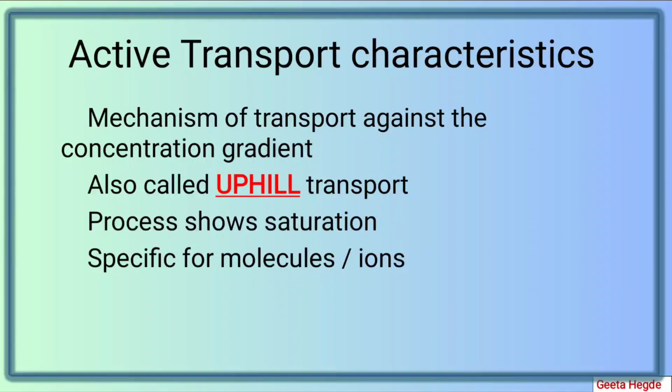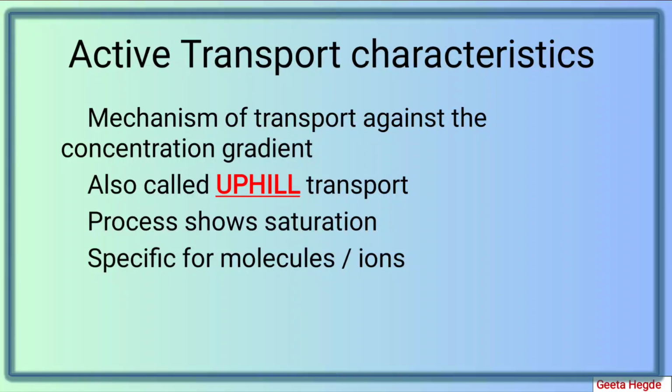Active transport is a mechanism of transport against the concentration gradient. Hence it is also called uphill transport. This process uses energy derived from hydrolysis of ATP molecule to move ions or molecules against the concentration gradient. It is also known as ATP driven pump. So ATP is broken down into ADP and an inorganic phosphate, releasing energy.